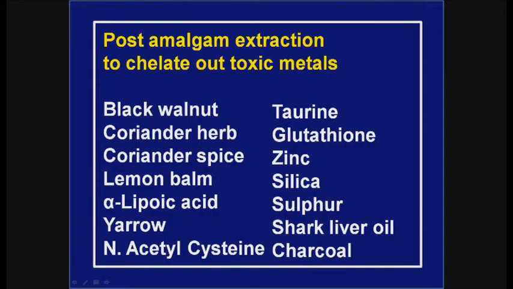These are all good chelators of metals in the system. So if a person has a toxic metal problem, part of it is being able to remove the amalgams, but it's then trying to detoxify the metal from inside the body.